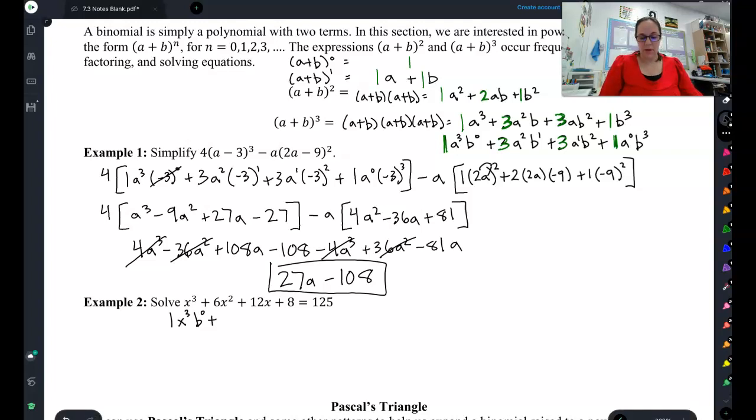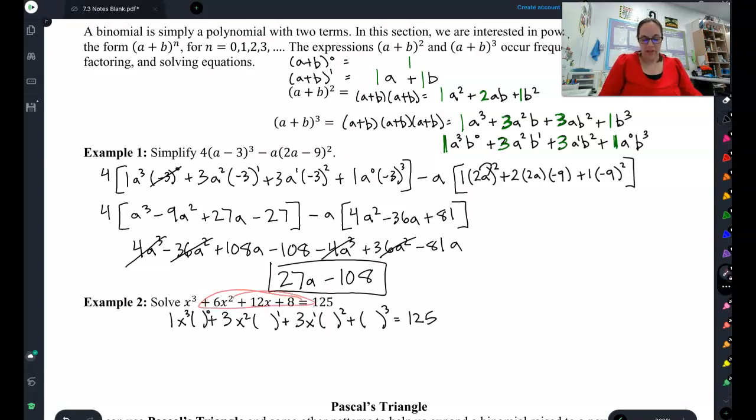Plus, and then I use my next pattern, so 3, and then instead of a squared, this is x squared. And I have something to the first. Plus, and I have a 3x to the first something squared. And then finally, plus something cubed equals 125.